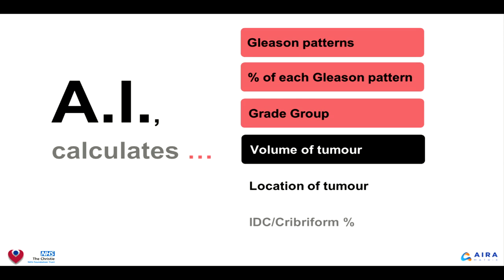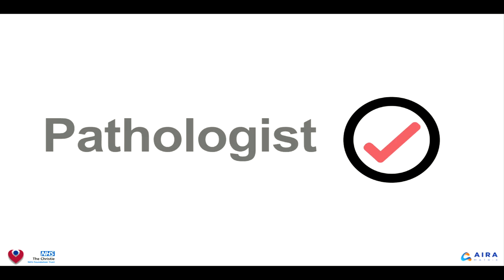And so we reach big data. And we need a software that calculates automatically the Gleason patterns, percentage of each Gleason pattern, grade group, volume of tumor, location of tumor, even the presence of IDC and cribriform morphologies, and presents it to us with the hard work done.